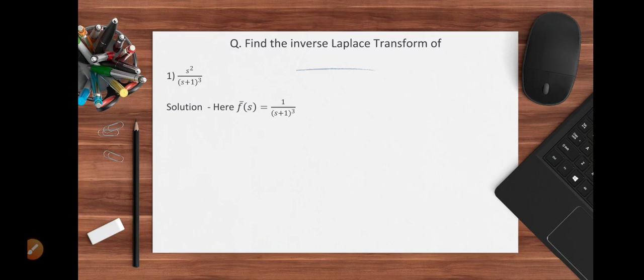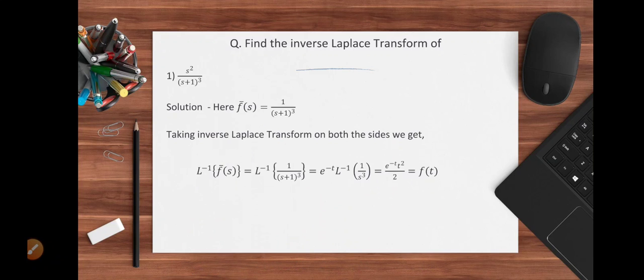As per the discussion just now regarding f bar of s, here f bar of s is 1 upon s plus 1 bracket cube. Take its inverse Laplace transform. So L inverse of f bar of s is equal to L inverse of 1 upon s plus 1 bracket cube.